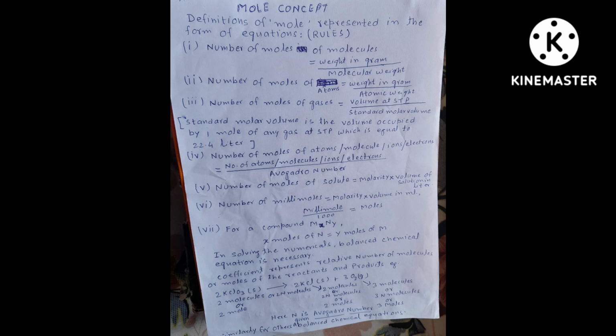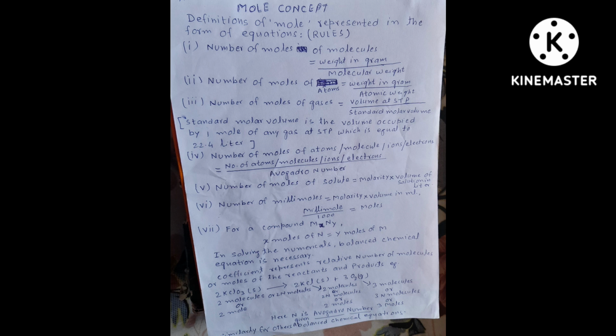Now follow the same way. For carbon, we want to know the carbon percentage in ethyl alcohol. Then 2 into 12, that is 24, or exactly 2 into 12.01, 24.02, divided by 46.068 into 100.